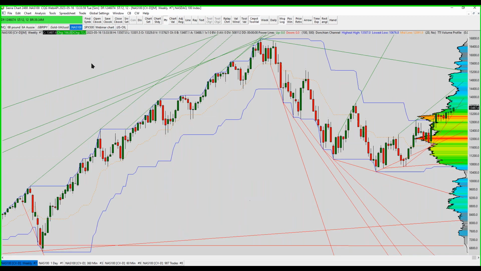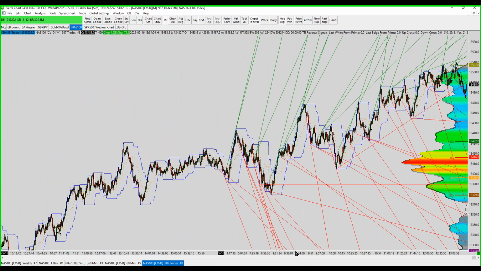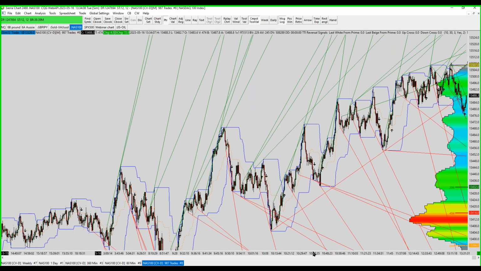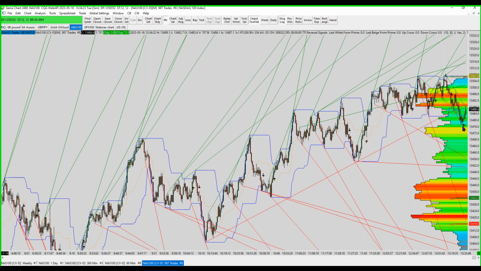Let me look at the NASDAQ. This is a weekly chart, not useful really for this purpose, smaller chart. This is the NASDAQ 100. Watch the rejection that just happened now on NASDAQ 100. You notice how the market rejected from here.